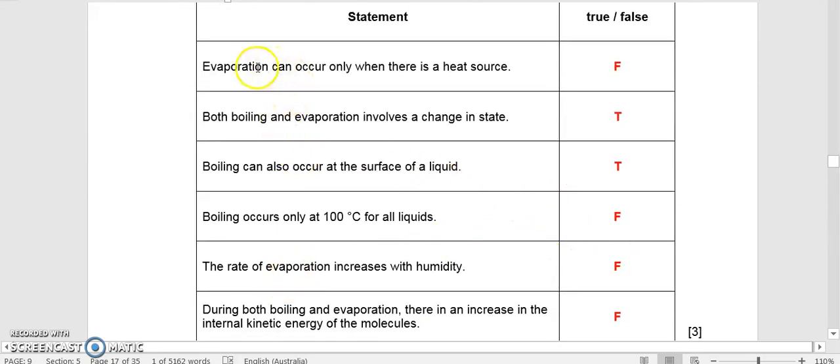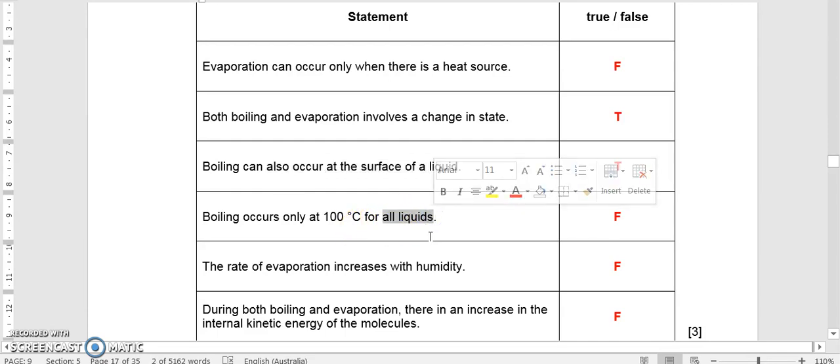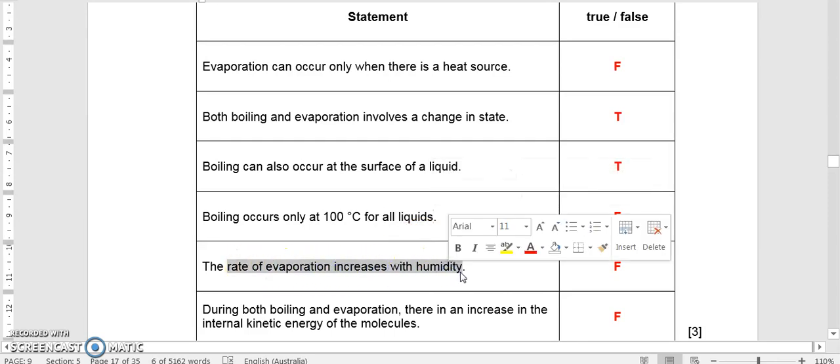Okay. Question 7, false, true, all false. Evaporation can occur only when there's a heat source? No, this is boiling. Both boiling and evaporation involve change in state? Yes. Boiling also occurs at the surface of the liquid? Yes. Boiling occurs only at 100 degrees for all liquids? False. Different liquids have different boiling points, right? Rate of evaporation increases with humidity?